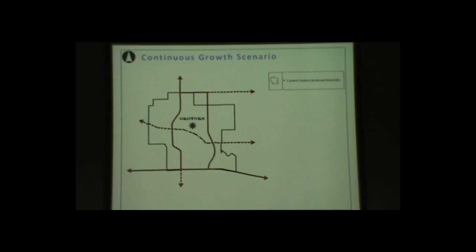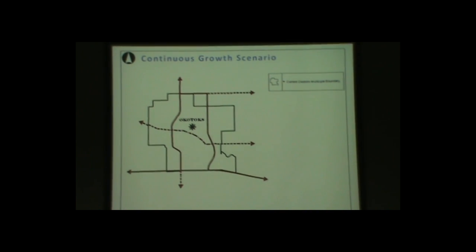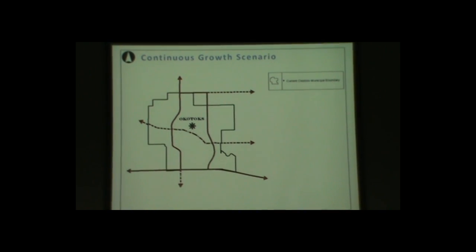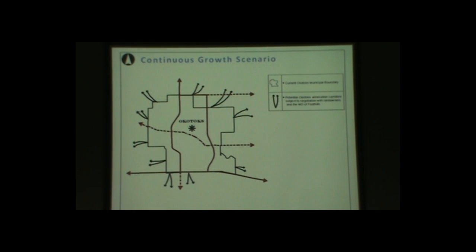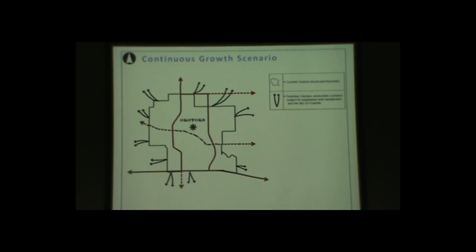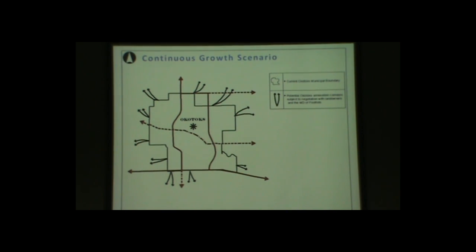We'll turn now to the continuous growth scenario. We start with the current town boundary for Okotoks on a similar map to the one that we just looked at. This next slide shows potential Okotoks annexation corridors.